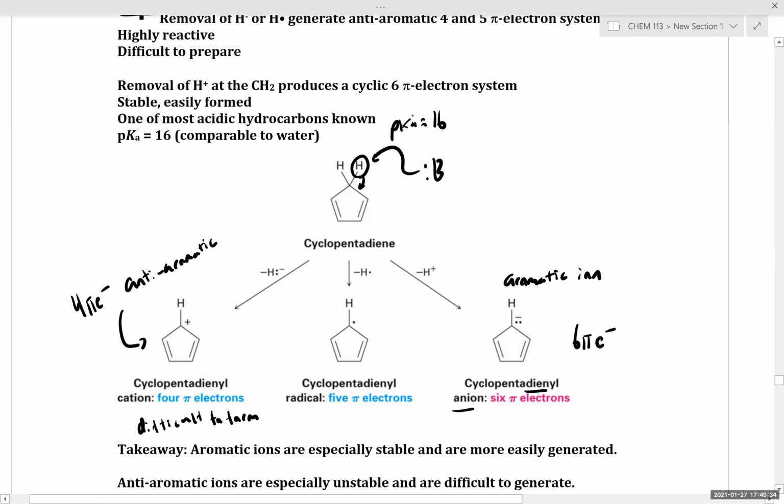And the reason why this proton is so acidic is because when you remove that proton with a base, you end up generating an aromatic, very stable cyclopentadienyl anion. Does this idea make sense? Any questions on this idea?